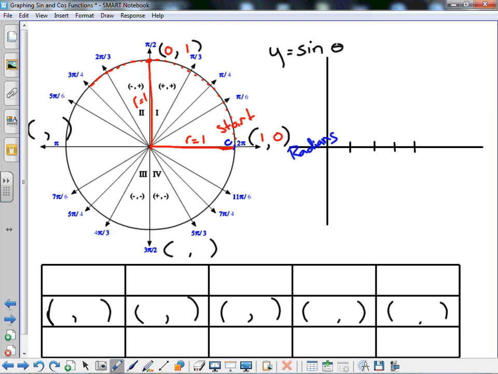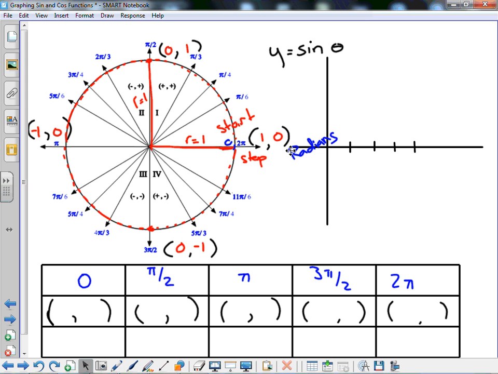Continuing around the unit circle, at pi we would be at negative 1, 0. Keep going around at 3 pi over 2, we would be at 0, negative 1. And making it back one period, going all the way around the unit circle, we will be at 1, 0 again. So, using our radian values: 0 radians, pi over 2 radians, pi, 3 pi over 2, and 2 pi.